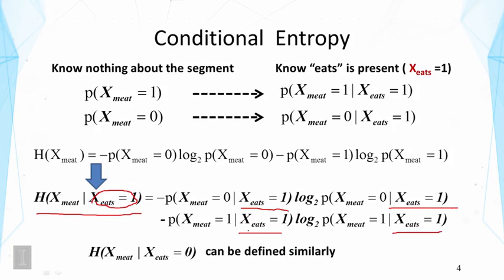And this then tells us the entropy of meat after we have known eats occurring in the segment. And of course, we can also define this conditional entropy for the scenario where we don't see eats. So if we know eats did not occur in the segment, then this conditional entropy would capture the uncertainty of meat in that context, in that condition.